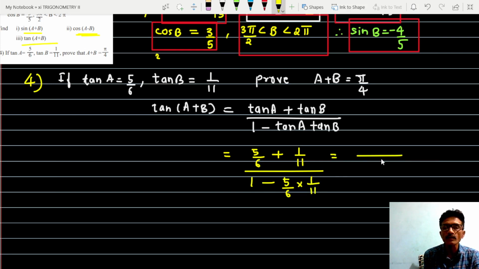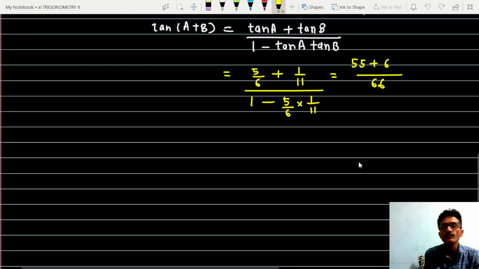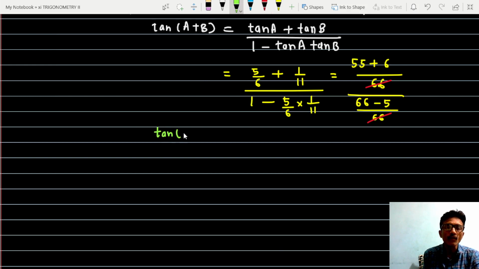What will be the LCM of the denominator over here? 66 will be the LCM. 5 into 11 is 55, plus 6 comes. In the denominator again the LCM is 66, minus 5 comes. This 66 is getting cancelled. Then tan of A plus B is equal to 55 plus 6, that is 61, and in the denominator 66 minus 5 is again 61, which is getting cancelled, and finally you are getting 1. That means tan of A plus B is 1.